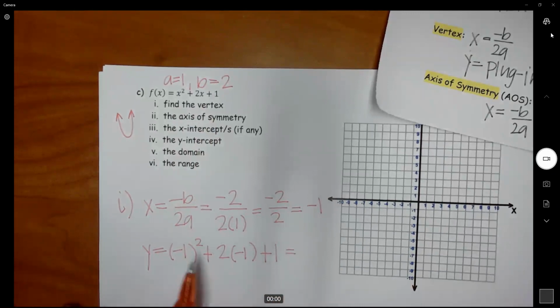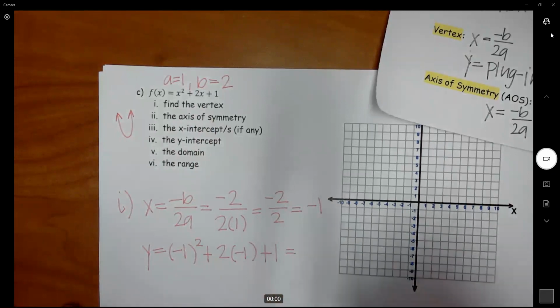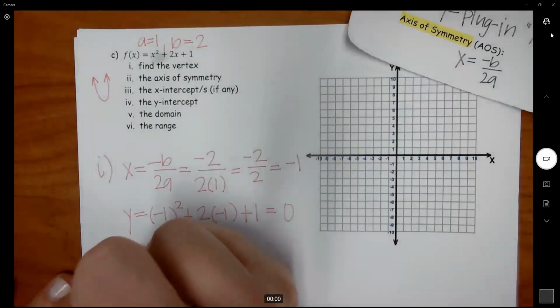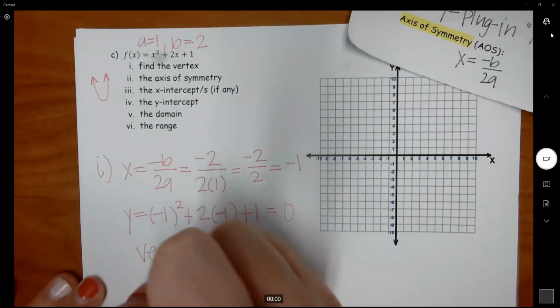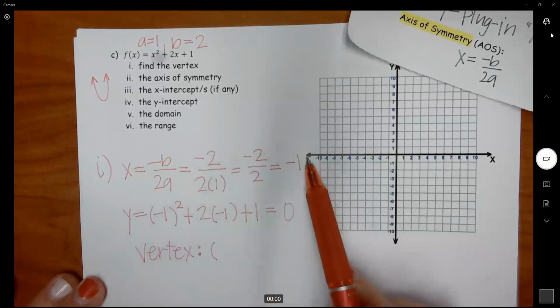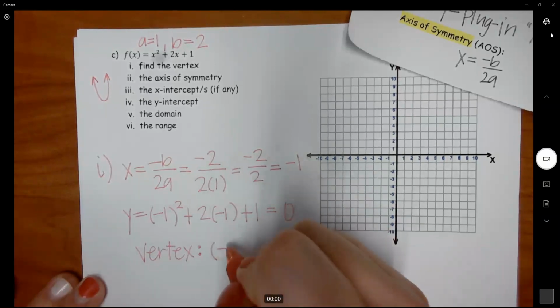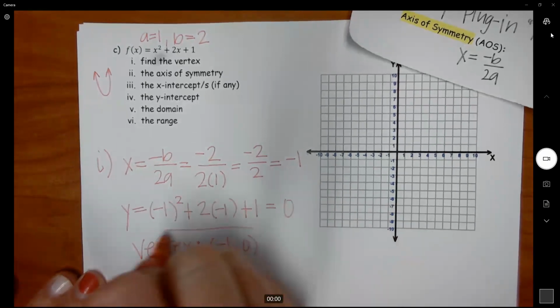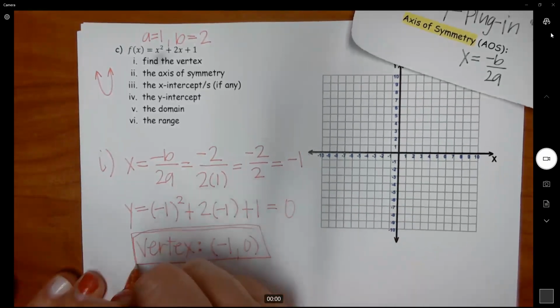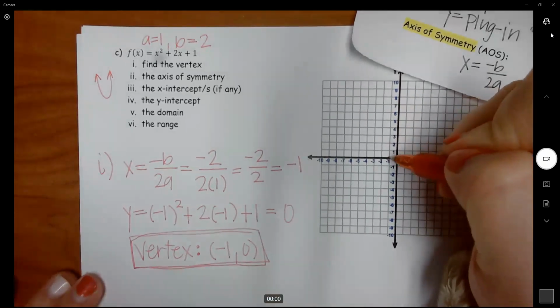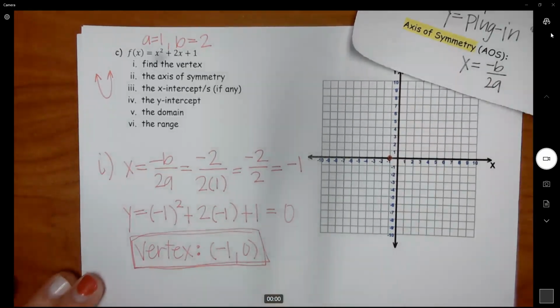We've got 1 minus 2 plus 1, that's going to give me 0. So therefore, my vertex is x comma y, so negative 1, 0. I'm going to go ahead and put that on the graph, which is right here.